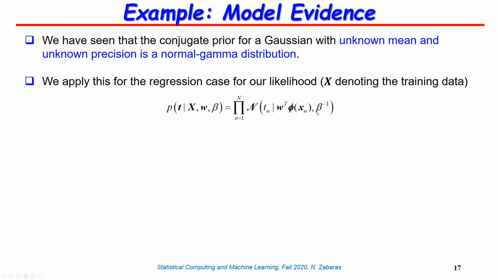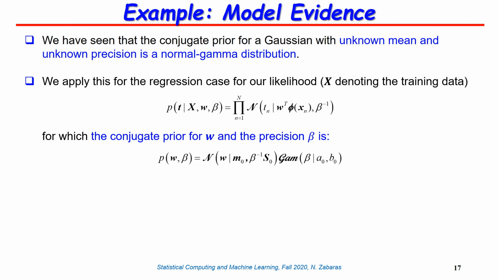So you anticipate that in my prior, instead of a normal inverse gamma, I am going to have a normal gamma distribution, and here it is. The notation is not very different from what we had before.